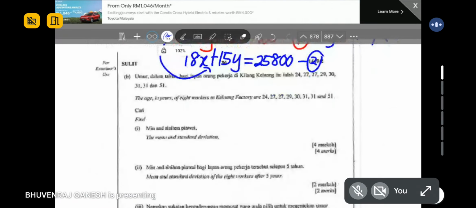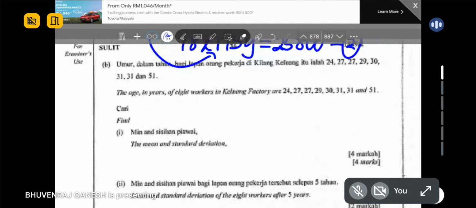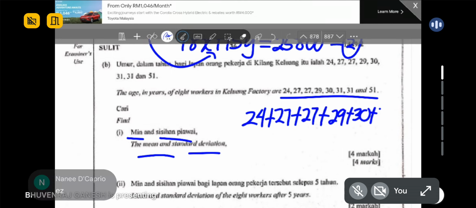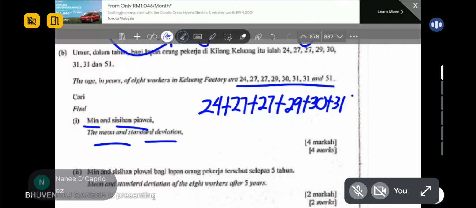Okay, next one. Question B. Now they ask you about mean and standard deviation. Mean dan sisian piawai. Mean is very simple. You just plus everything, tambah semua, and then you divide the total frequency, jumlah kekerapan. So what is the jumlah kekerapan here, guys? Can you tell me?